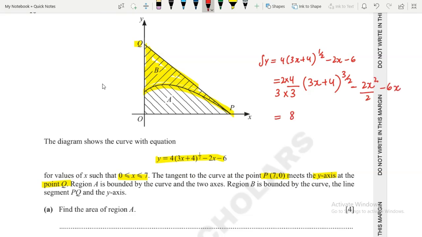This comes out to be (8/9)(3x + 4)^(3/2) − x² − 6x.